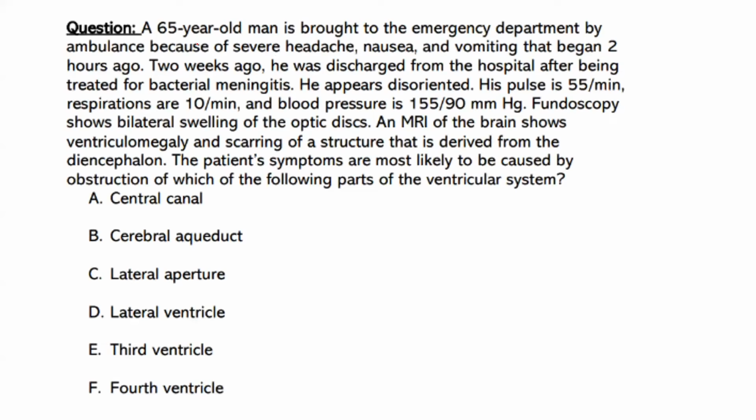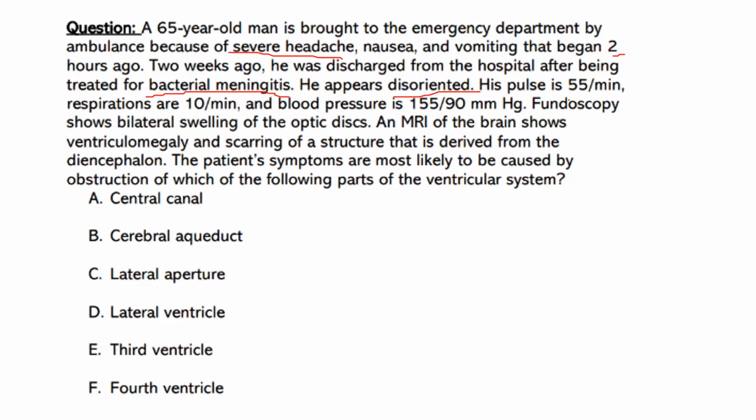So we have a 65-year-old man, and they're brought to the emergency department by ambulance because of a severe headache, nausea, and vomiting that began 2 hours ago. Okay, so 2 weeks ago he had bacterial meningitis, and he's disoriented.